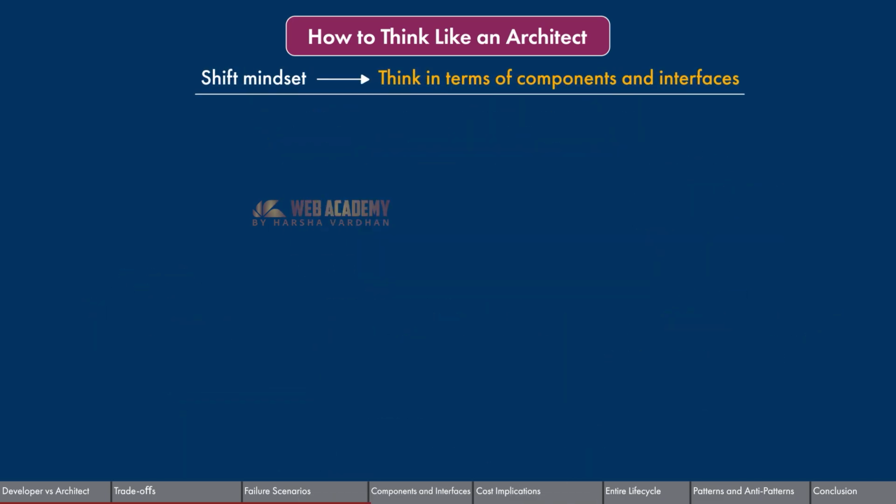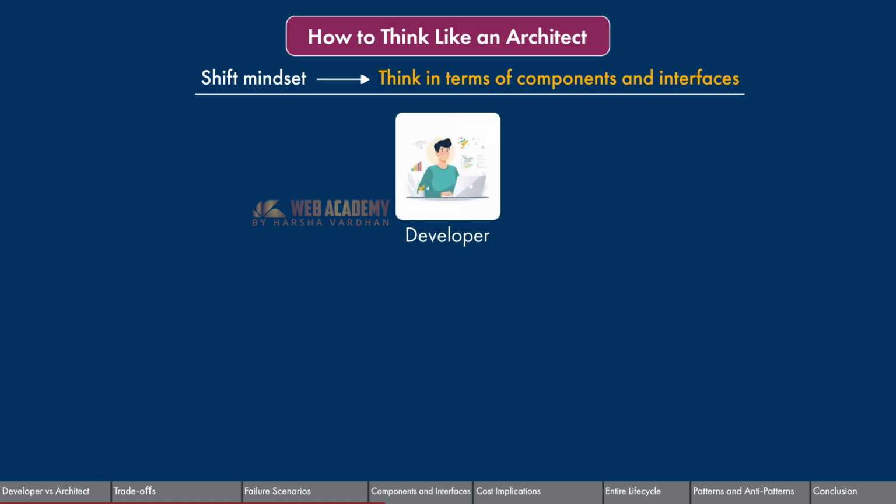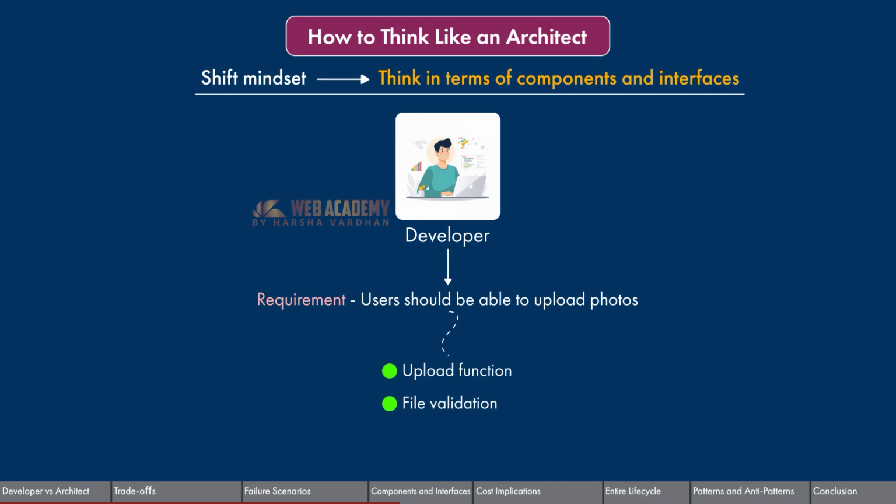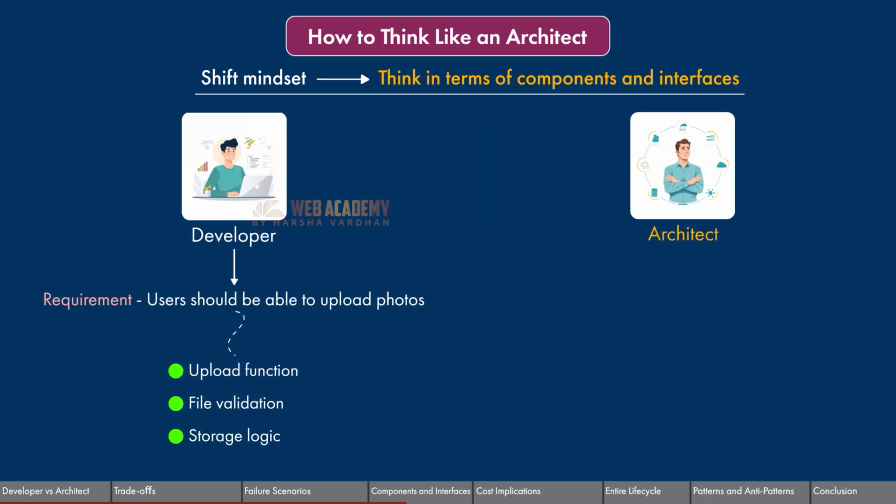The third mental shift is to think in terms of components and interfaces, not implementation details. When a developer sees a requirement like users should be able to upload photos, they immediately think about the upload function, the file validation, the storage logic. But an architect thinks differently. They see the components, an upload service, a storage service, an image processing service.